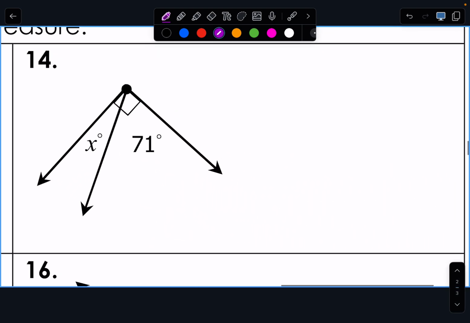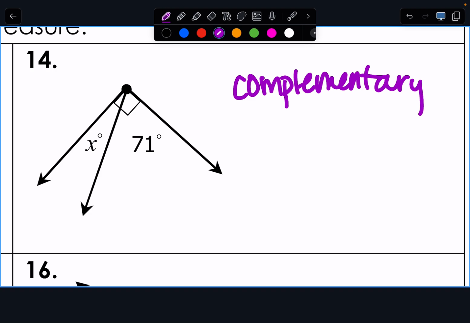Now, in number 14, what kind of angles are these? They are complementary. We know that because there's the box. I don't see a ton of people who showed their work. Oh, look at group 7 over here.